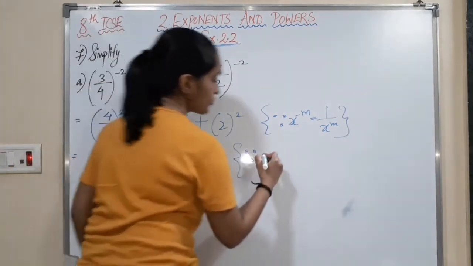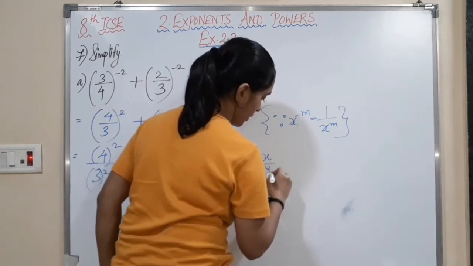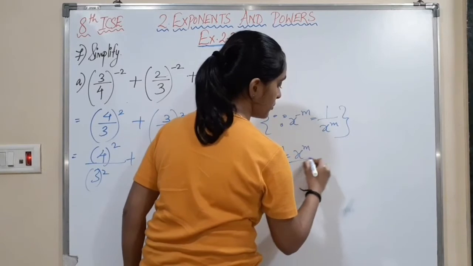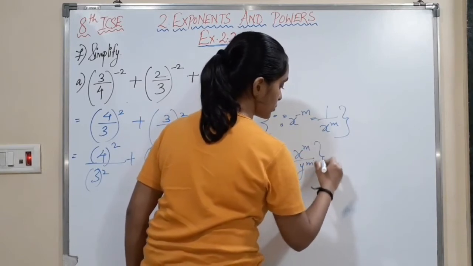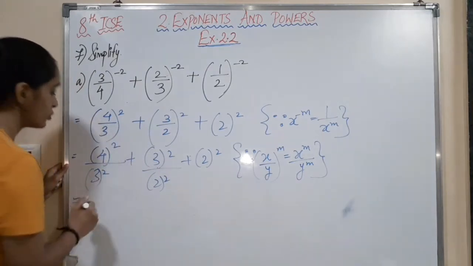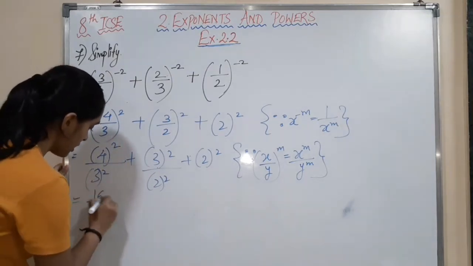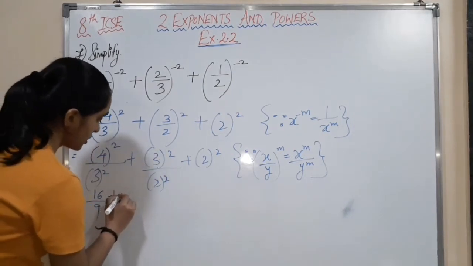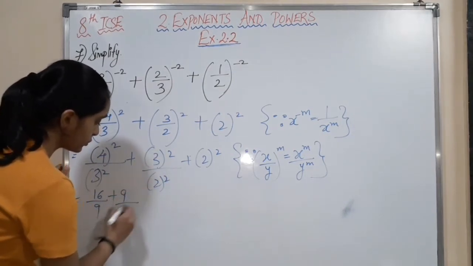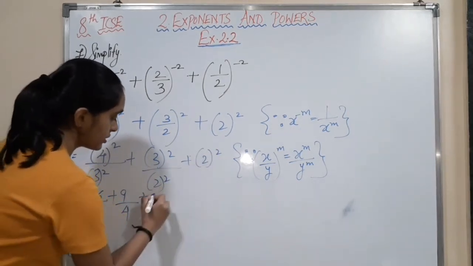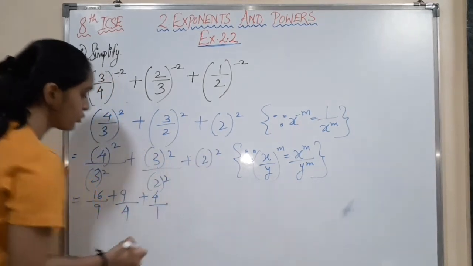Using the law (x upon y) the whole raised to n can be written as x raised to n upon y raised to n, so you will get 4 square is 16 upon 3 square is 9 plus 3 square is 9 upon 2 square is 4 plus 2 square is 4. So 4 means 4 upon 1.